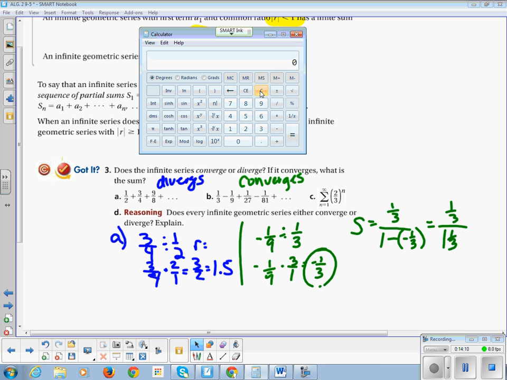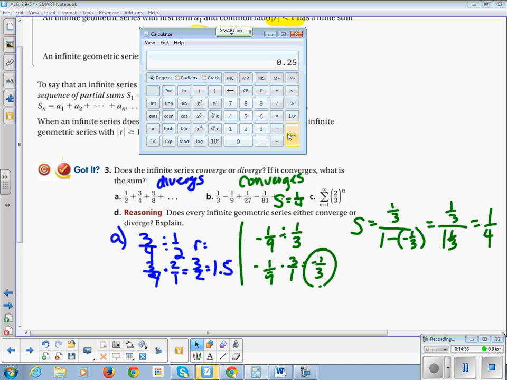Wait. 1/3 divided by 4/3. Thank goodness, it's 0.25. What's that as a fraction? 1/4. Thank goodness. We don't have to do the math. So the sum, because this converges, is equal to 1/4.